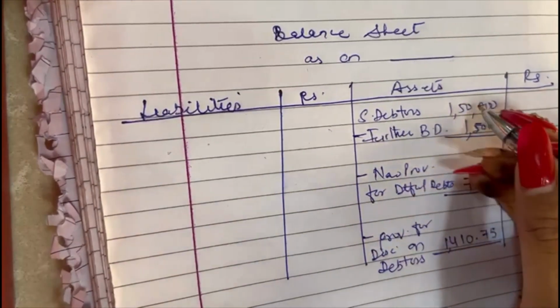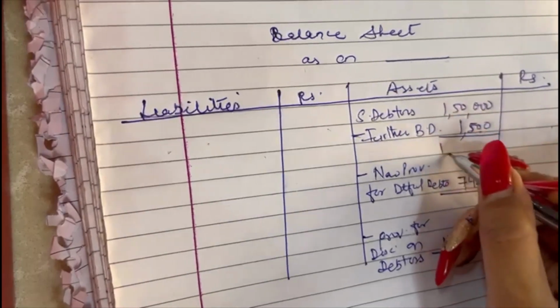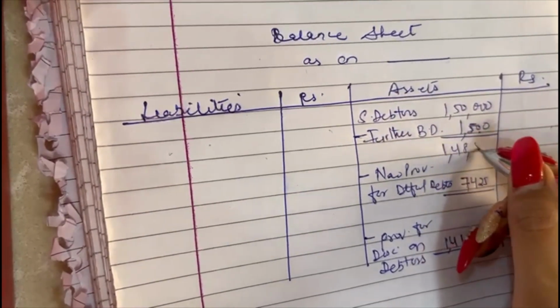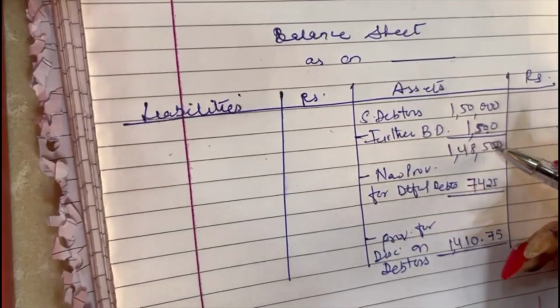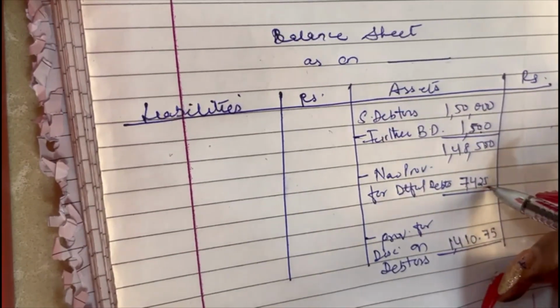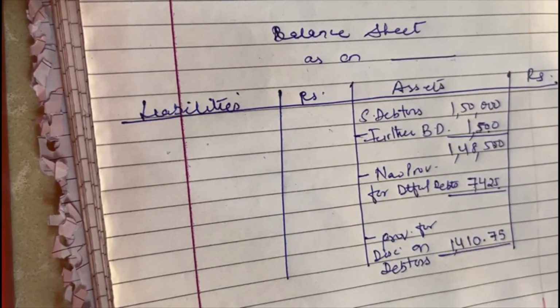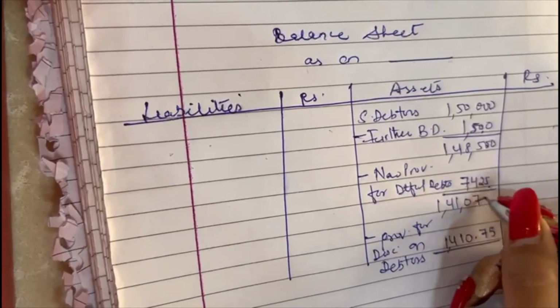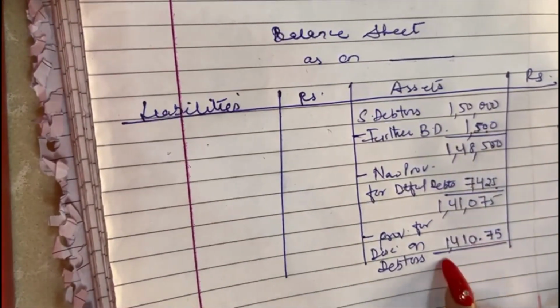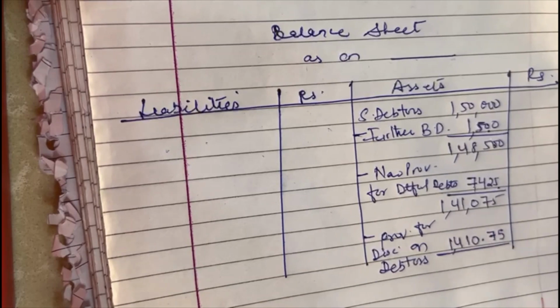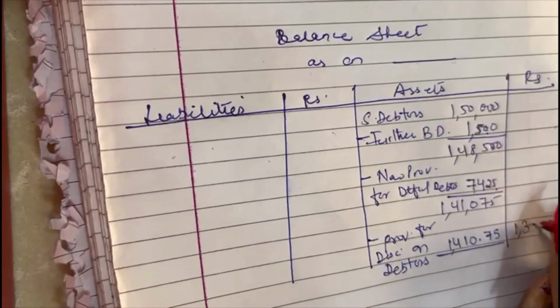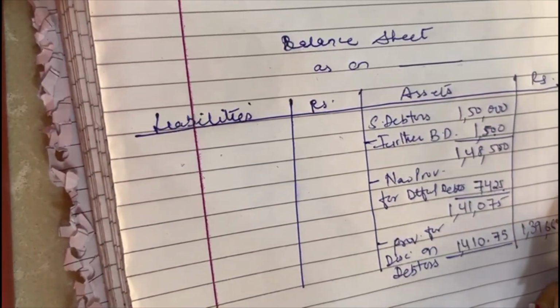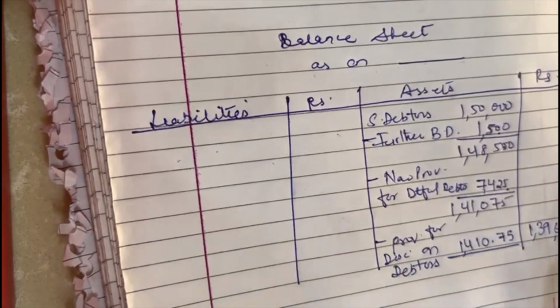So 1,50,000 minus 1,500 is 1,48,500. 1,48,500 minus 7,425 comes to 1,41,075 rupees minus 1,410.75 is 1,39,664.25.